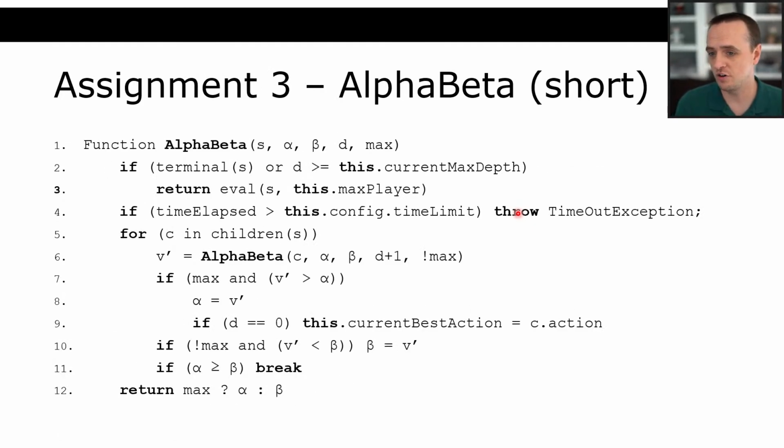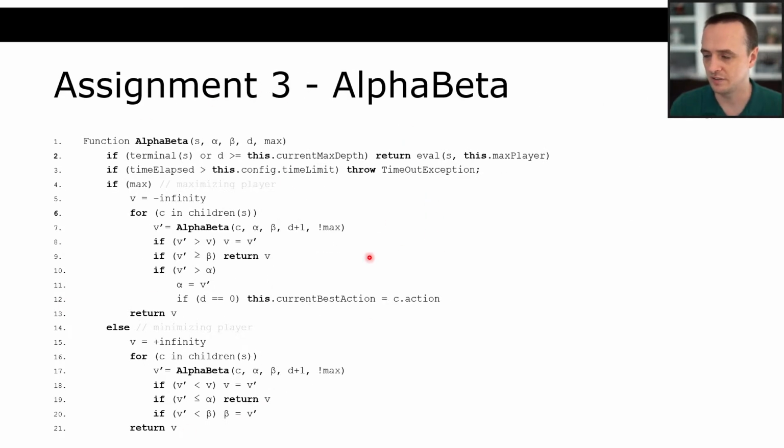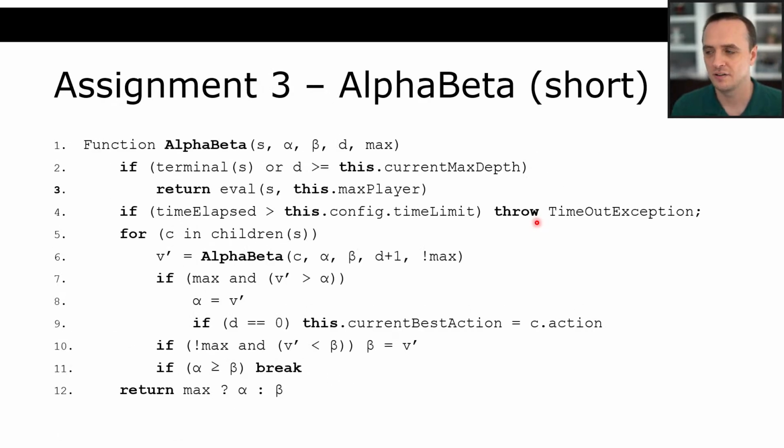Here's the shortened version of AlphaBeta, so you can put this in there if you want to. However, just understand that this version is going to be a bit harder to debug than this version. Typically, it's a good rule to know that the shorter your code, the more things are happening per line, and so the harder it will be to debug. And AlphaBeta is kind of difficult to debug.